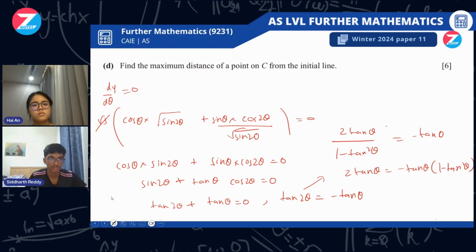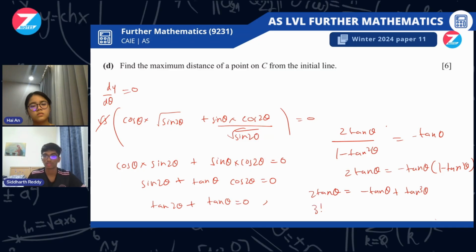Okay, let me just create some space. So we have 2 tan theta is equal to minus tan theta plus tan cubed theta. So 3 tan theta is equal to tan cubed theta.